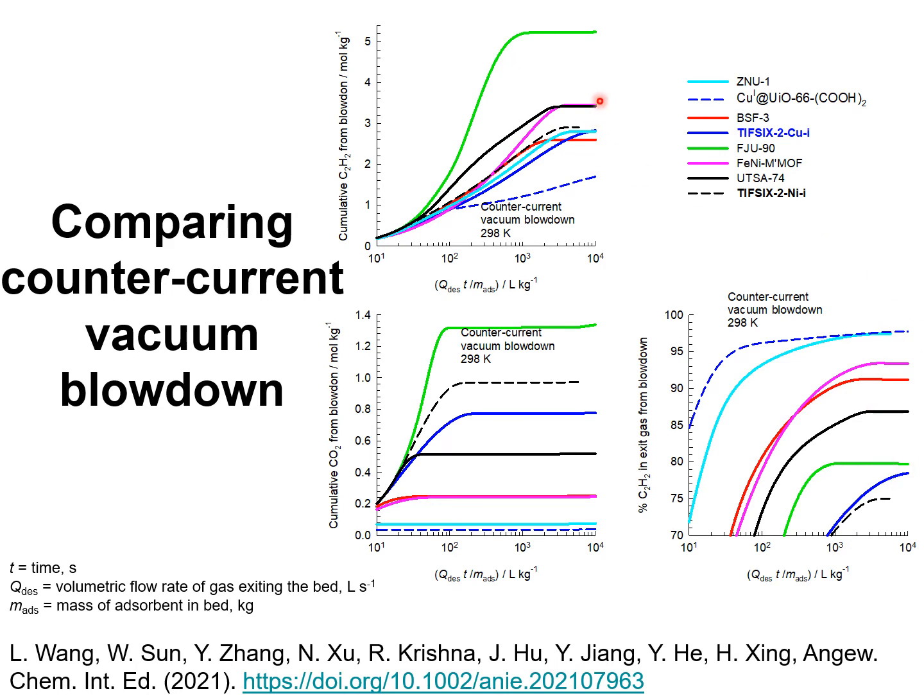Whereas the product purity with the FJU90, for example, is only 80%, far lower than the desired high purity requirements of industry. A good compromise would be to use ZnU1, which has a high purity of C2H2 along with a reasonably high product recovery of C2H2.